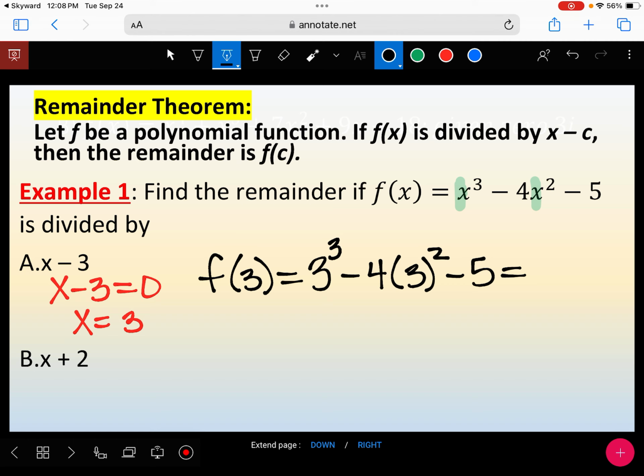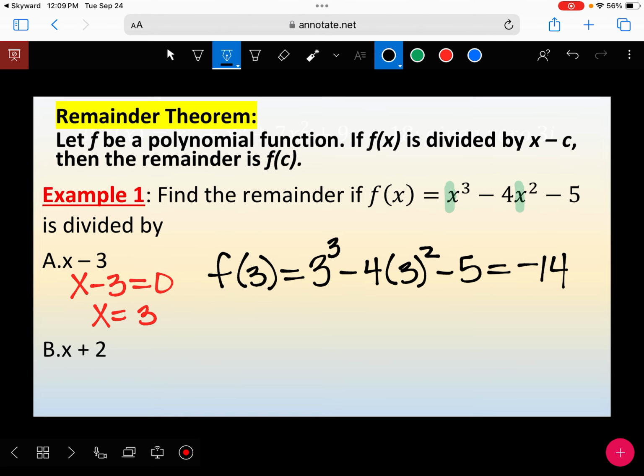Okay, so I didn't work it out. I didn't type it in. Okay, what did you get when you typed it in? I'm stressed. Who got negative 14? I wrote it, but I didn't type it in. Negative 14. So that's your remainder. So if we were to divide it, we would have a remainder of negative 14.